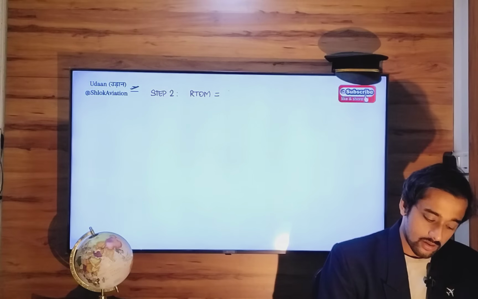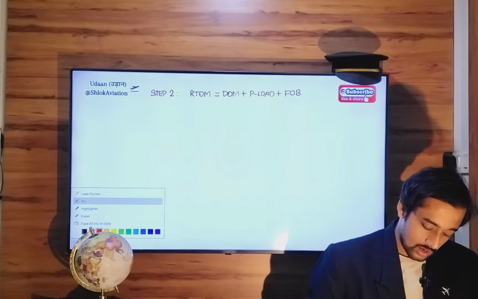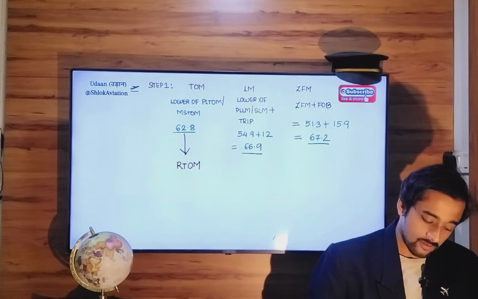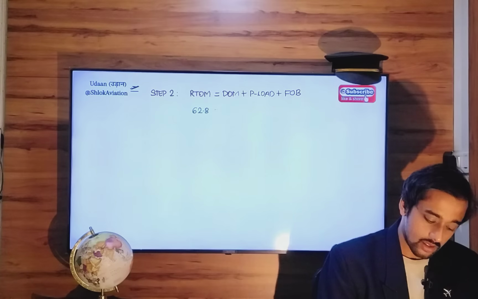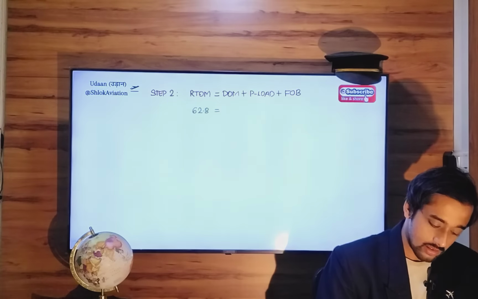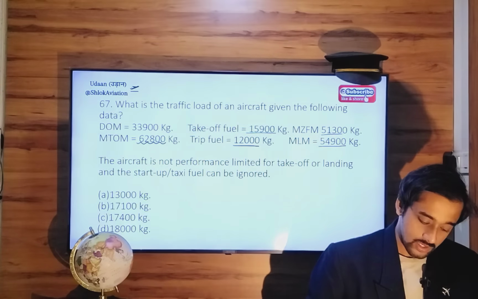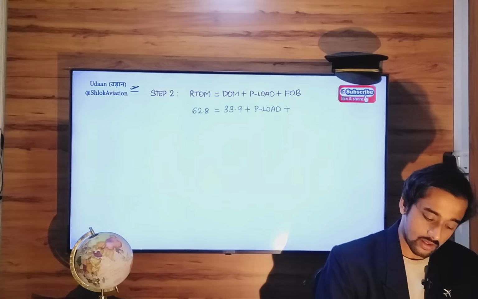Step 2: use the formula regulated takeoff mass equals dry operating mass plus payload or traffic load plus fuel on board or takeoff fuel. Now, regulated takeoff mass is 62.8, dry operating mass is 33.9, plus payload plus fuel on board, which is 15.9.